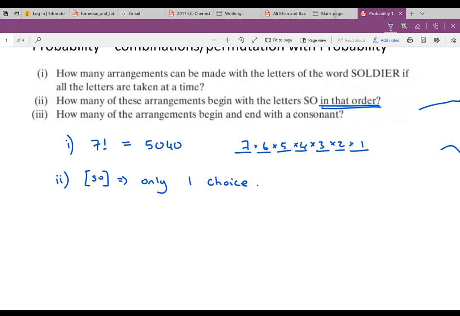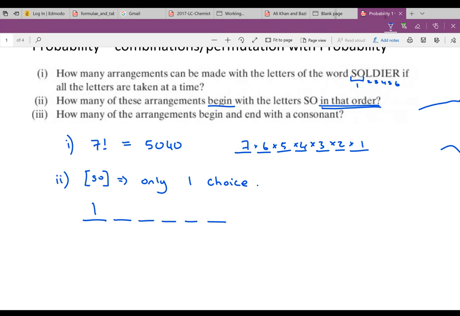So now, how many of these arrangements begin with the letters SO? I'm grouping this as one set of letters. If I group the S and the O, I then have 1, 2, 3, 4, 5, 6 spaces left to go. Now it has to begin with SO, so there is only one option for the beginning.